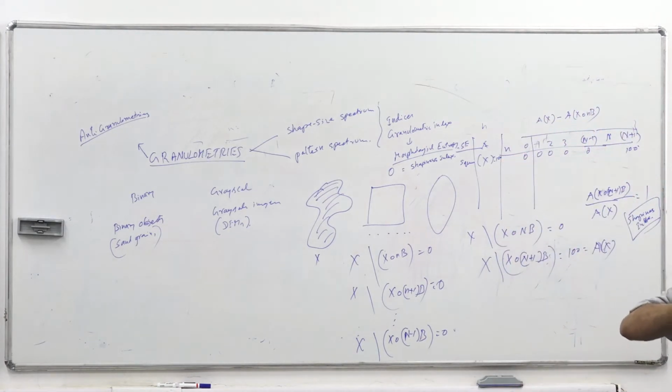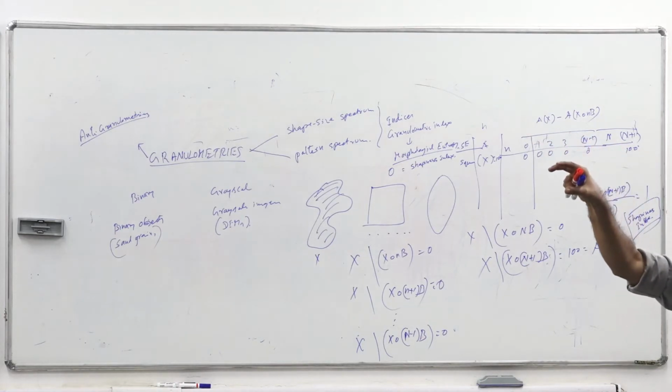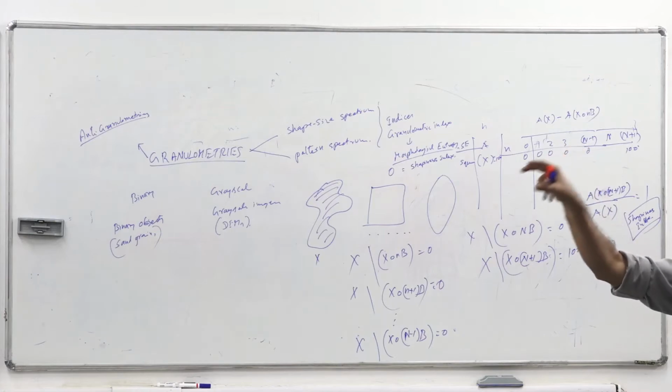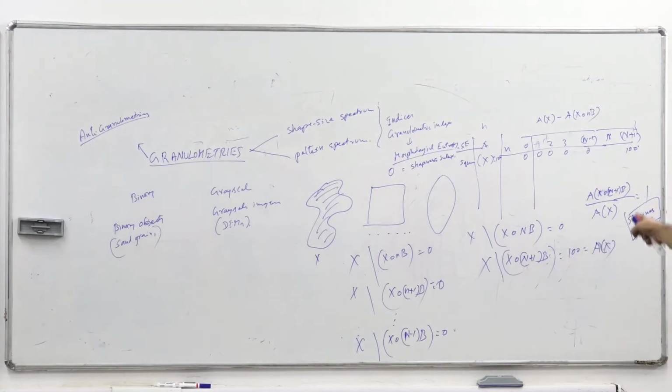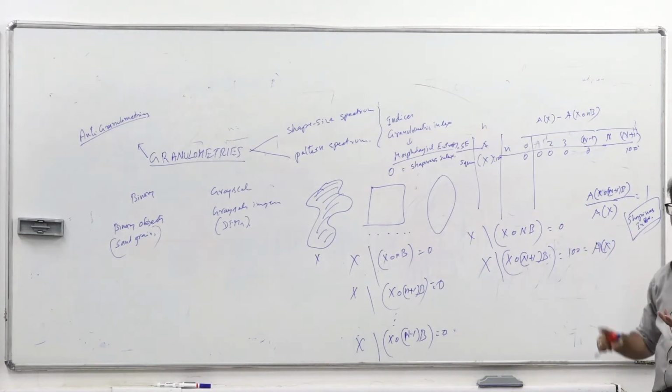So this is close to which structuring element? And this is close to a structuring element which is yielding the value 1 as shapeliness index. And it is not close morphologically to any other structuring element which is giving shapeliness index of less than 1, right? So what are all the things involved here?